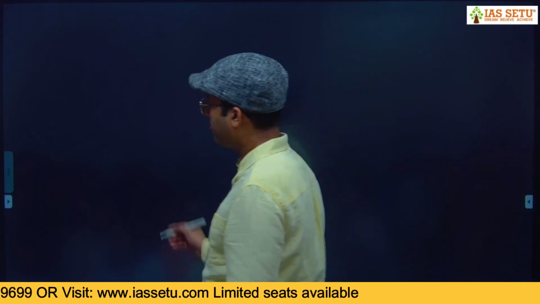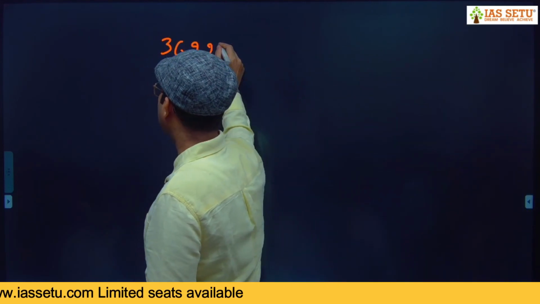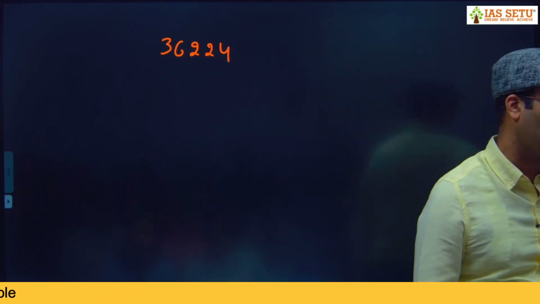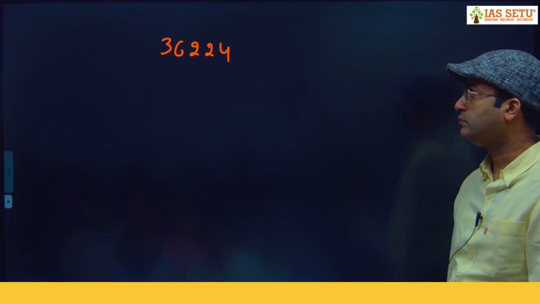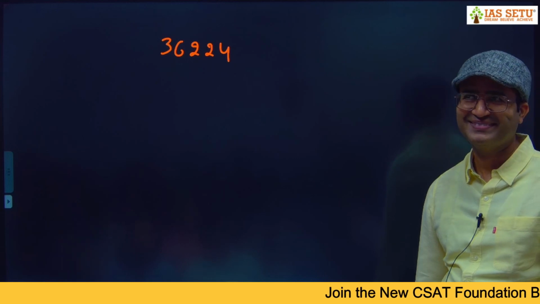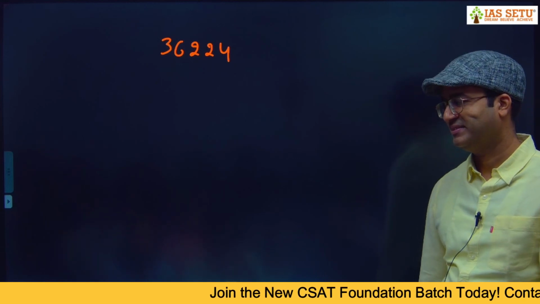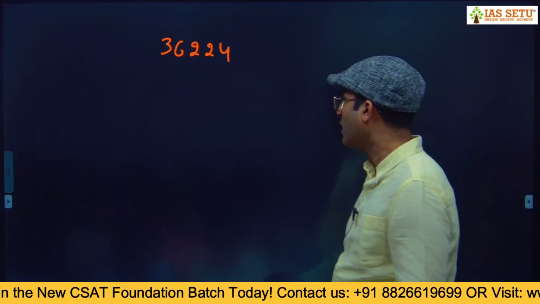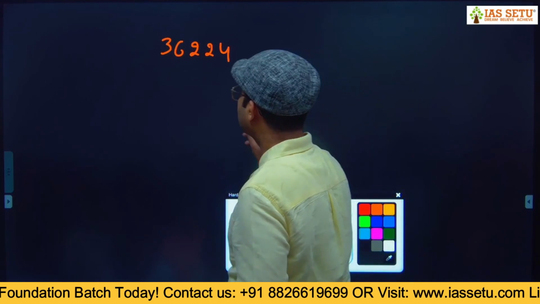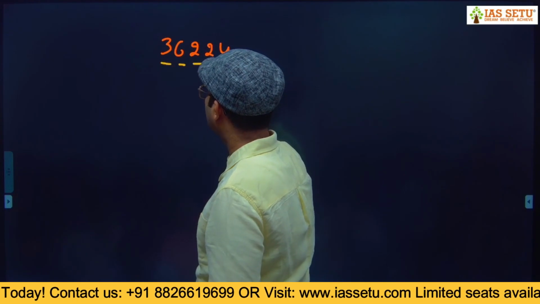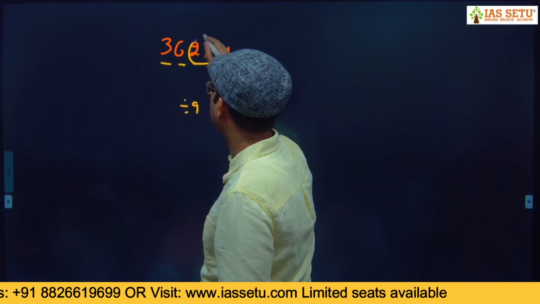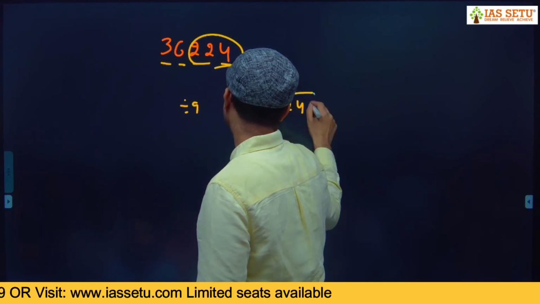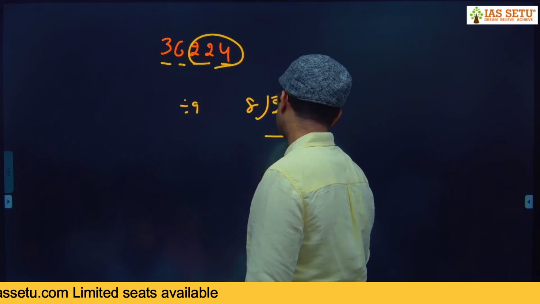Now you try 36,224. Check if this given number is divisible by 72, yes or no. Here first, is it divisible by 9? 3 plus 6 is 9. It is not divisible by 9, but it is divisible by 8, since 224 works.